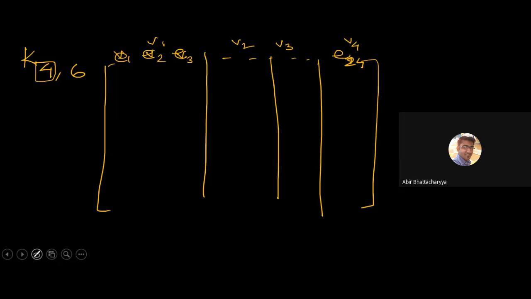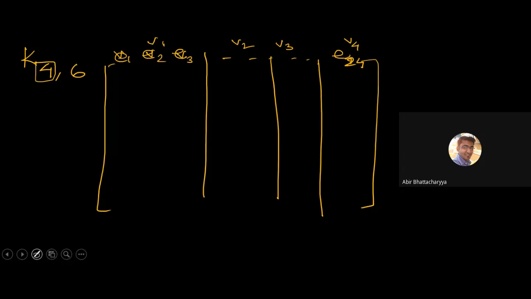Now they will connect with other vertices, like V5 to V10. So what are the blocks? That is my question. Each block has 6. They are not interconnected, those 4 are not interconnected.